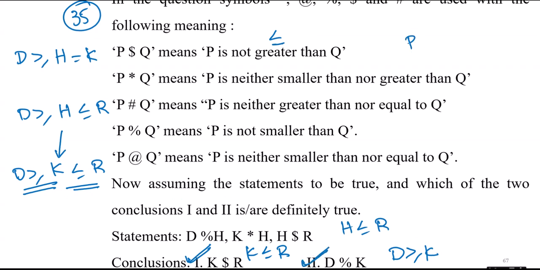So your answer should be both conclusions follow. Both 1 and 2 follow. H and K both are equal, so wherever K is there, you just put H. Then we will get the answer simply. 1 and 2 follow. Inequalities.